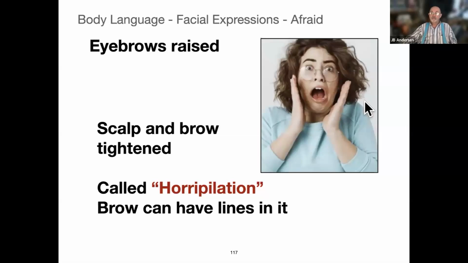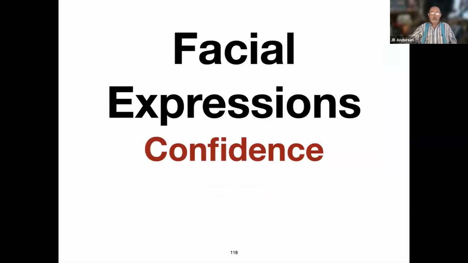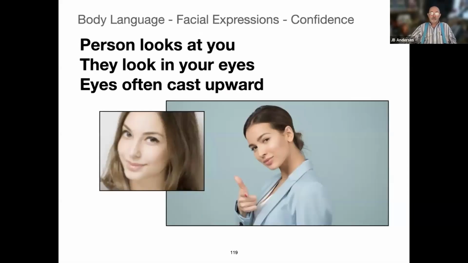The brow can have lines in it, as I've already talked about. Confidence, facial expression. A person looks at you, they look in your eyes, and oftentimes their eyes are cast a bit downward. And that means they're showing confidence.